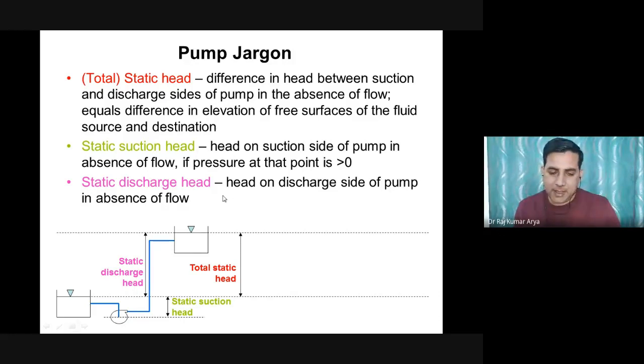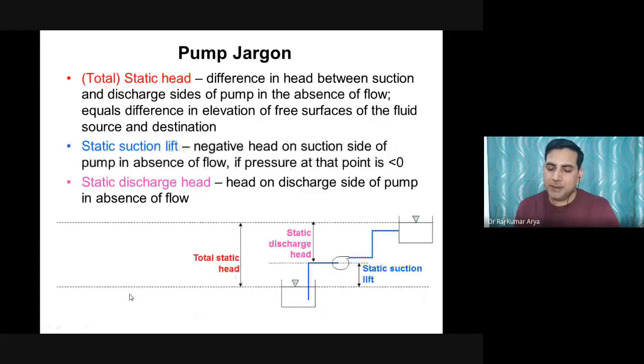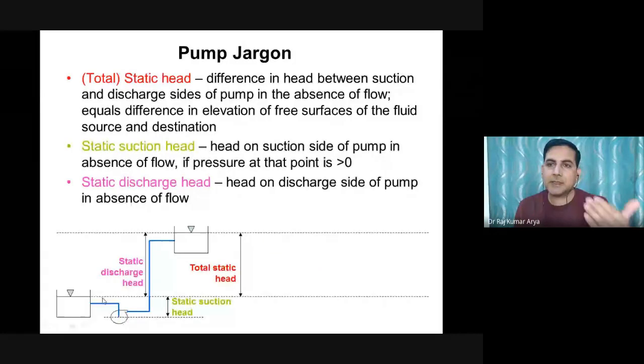Now, suppose here you have another configuration, where you have lifted the pump up. Most of the time the previous configuration is possible when our tank is above the pump, when we construct something.